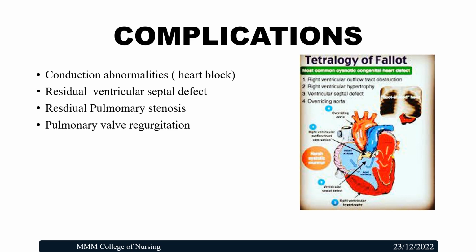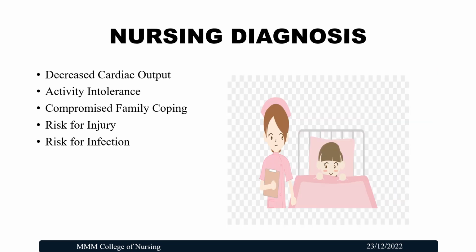Complications: the child may develop heart block, residual ventricular septal defect, residual pulmonary stenosis, or pulmonary valve regurgitation. Coming to the nursing diagnosis, decreased cardiac output, which may be related to complications.